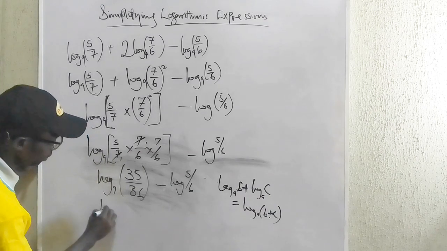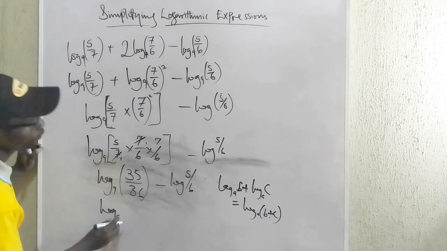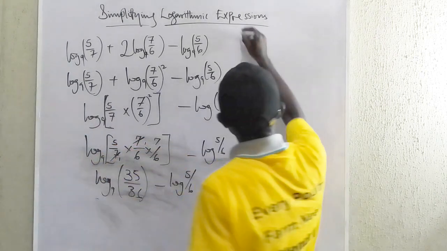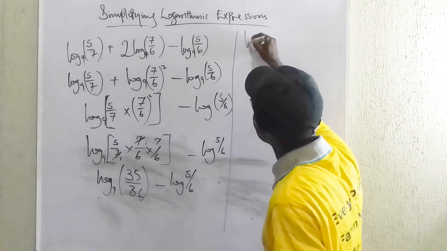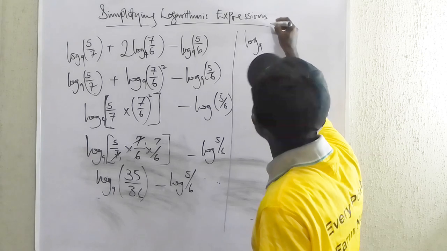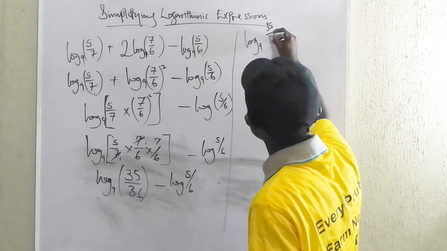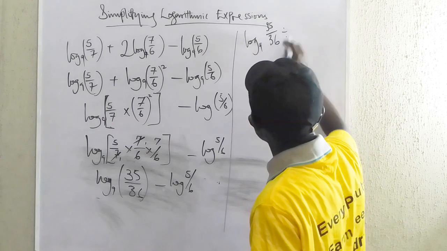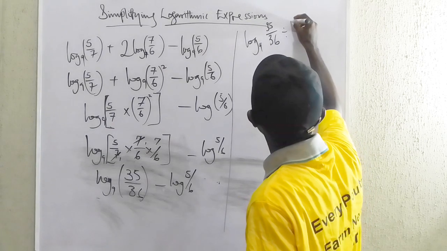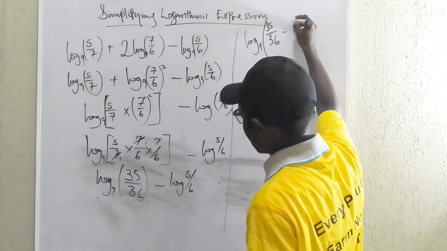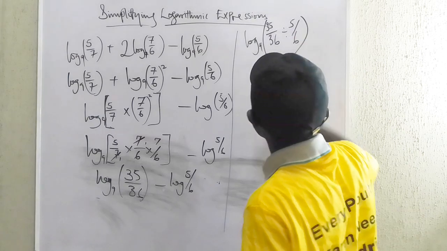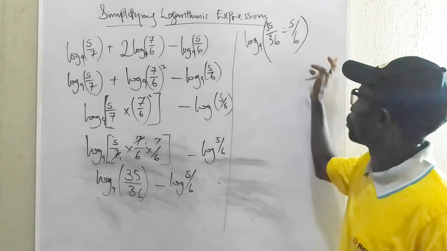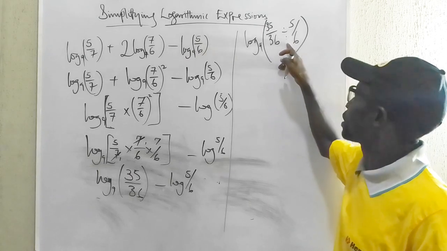It's going to be log in base 9 of 35 over 36 divided by 5 over 6. Now I'm using a single log for both, so it's going to be a division sign.